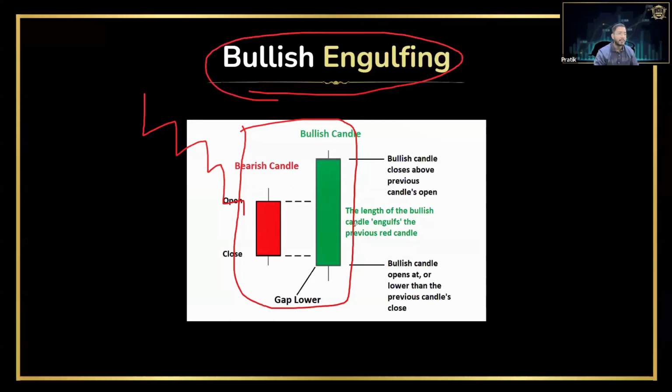Once this happens, it's a clear idea that the buyers have taken control and absorbed all the sellers. It is also a reversal pattern, and we expect the price to go up from here. This is a double candle, two candle reversal pattern. For now, let's assume each candle is 1 day.